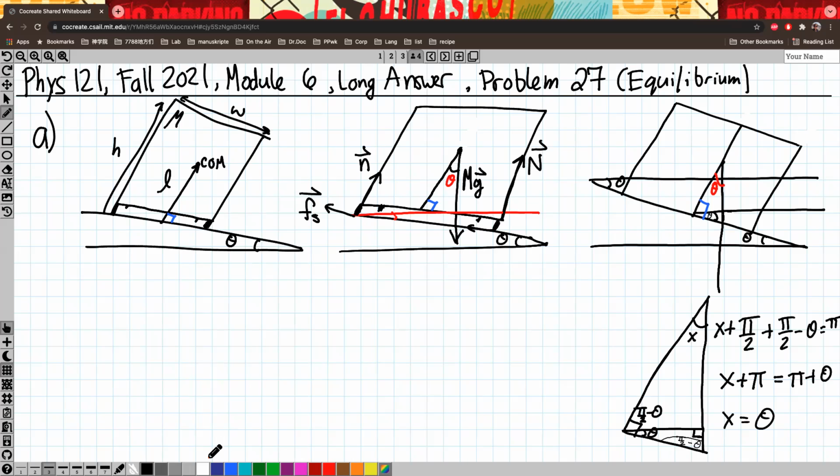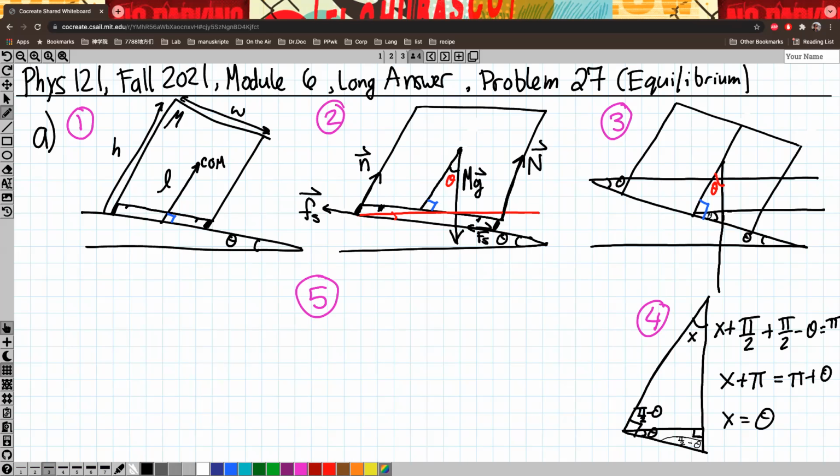I don't know why I did it at an angle like that. I should have done it like that. And this is capital F in their notation. So now I'll label these all so that we remember the order of logic. I'll draw a 5th one, which is literally the free body diagram now.